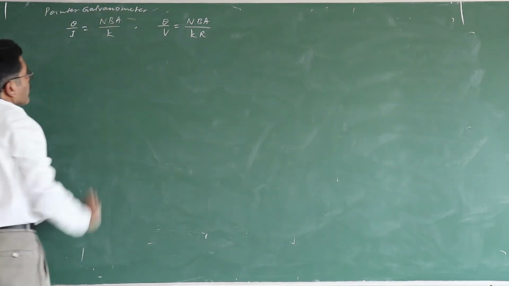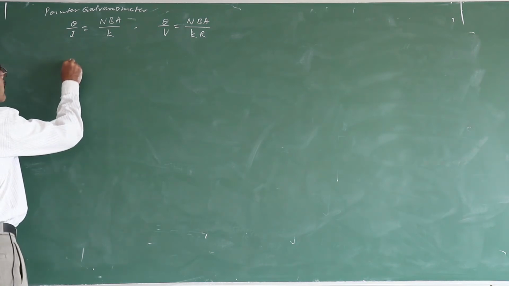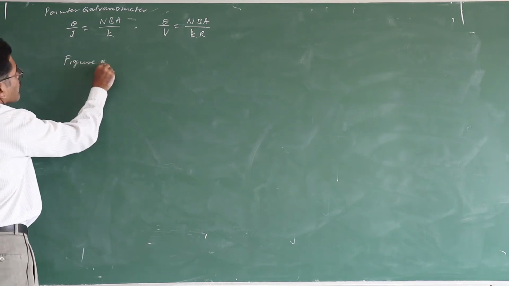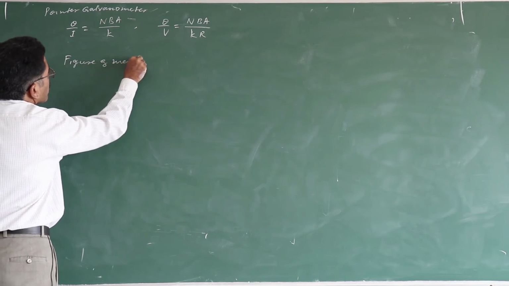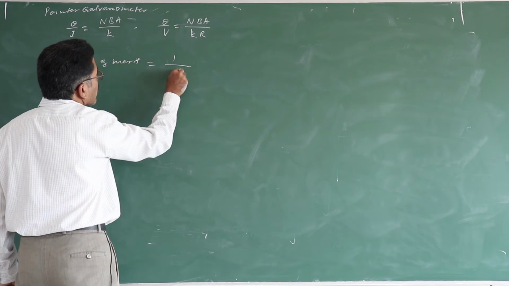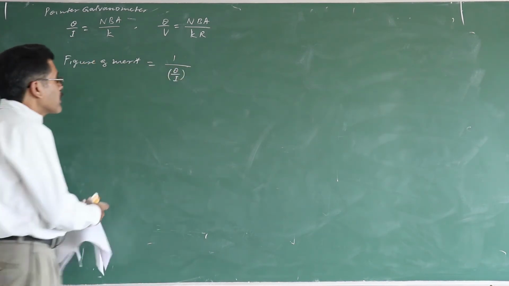The reciprocal of current sensitivity is called figure of merit. Figure of merit is equal to the reciprocal of theta by I, or current sensitivity.